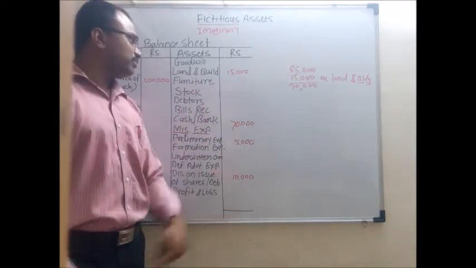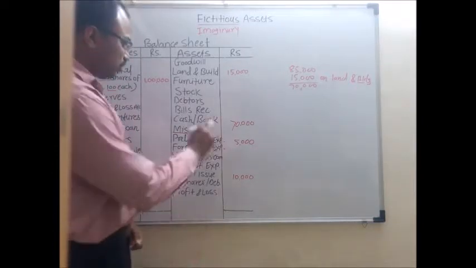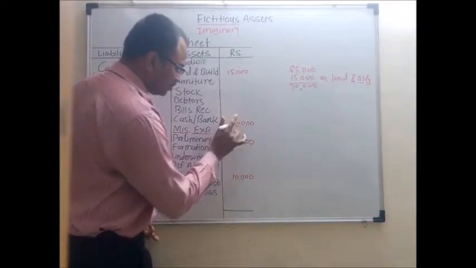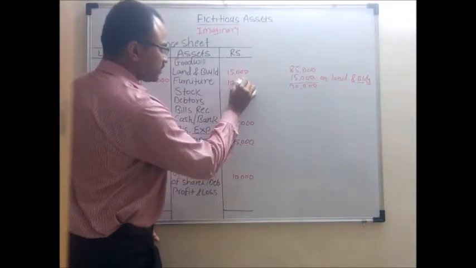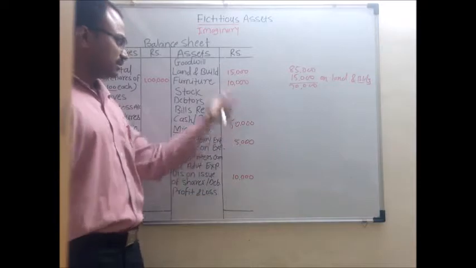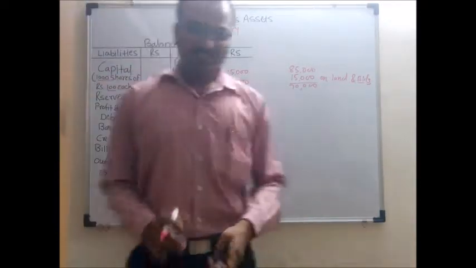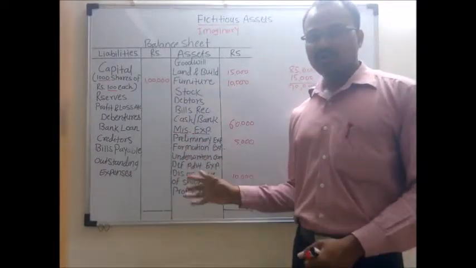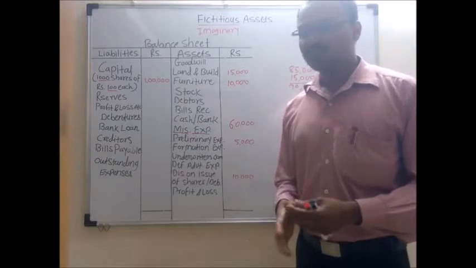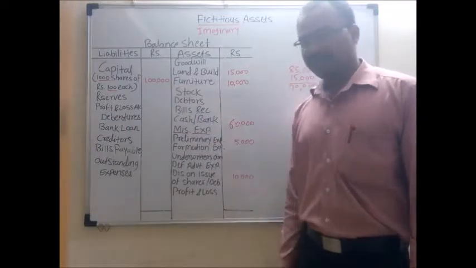Okay. As I have purchased land and building, now I want to make some furniture in my business, so I use 10,000 rupees more for furniture. Here I am using 10,000 rupees to buy furniture. I am showing these steps in this balance sheet in order to explain how assets get created and how liabilities get created.